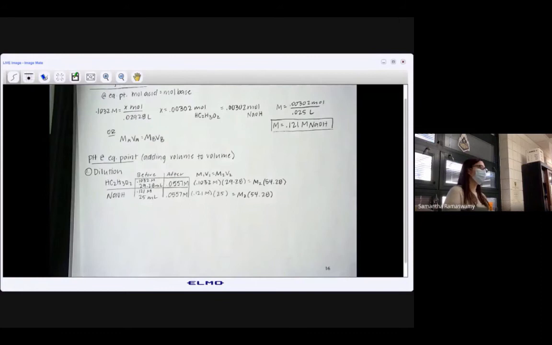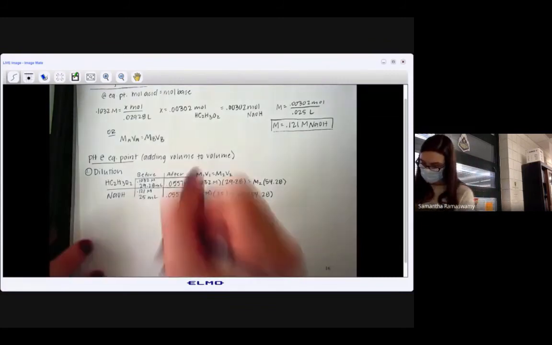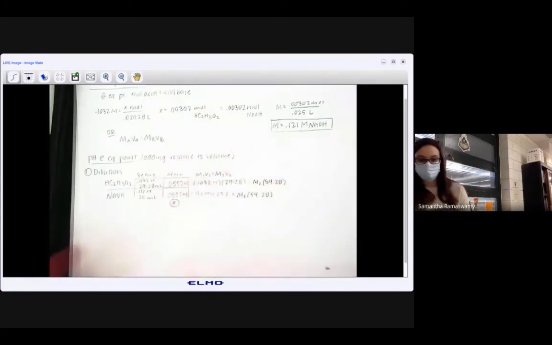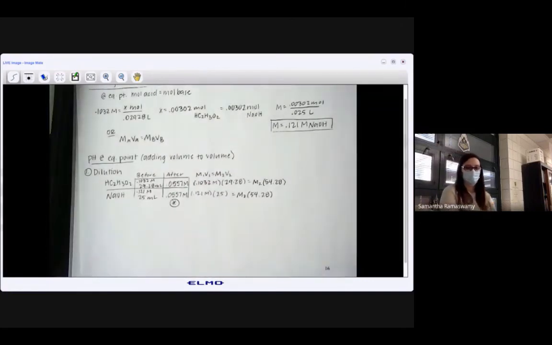Notice they are the same because we are at the equivalence point. As you do more of these, you might start to realize, okay, if I'm at the equivalence point, I can see that I have both of the acid and the base get used up and I form the same amount of salt. These numbers are what are important for us to look at the stoichiometry.